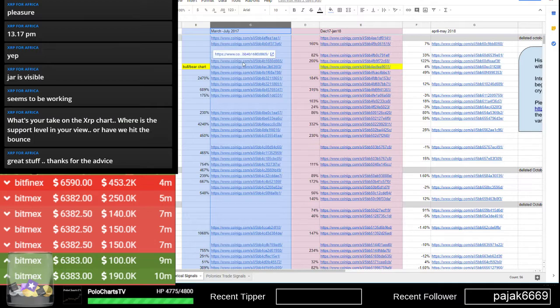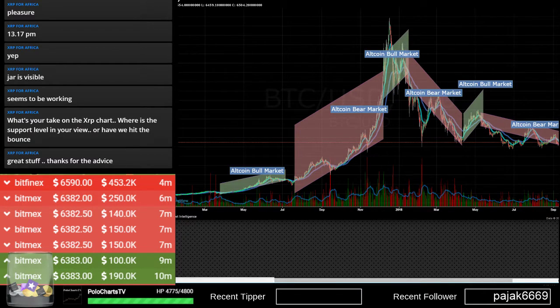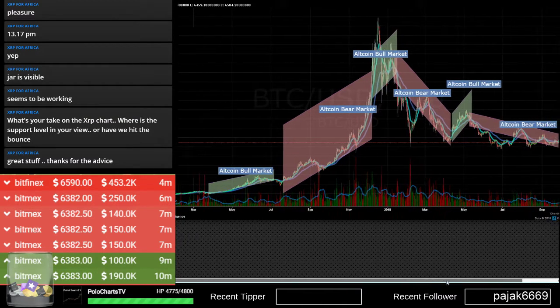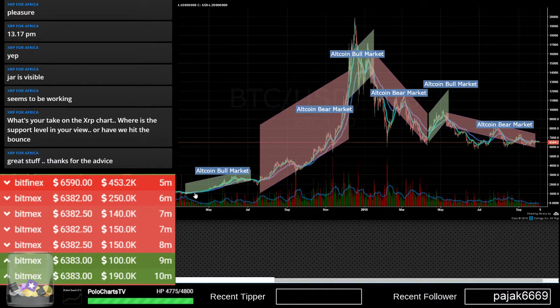So at any rate, I did this study. We can see here the time zone. We had the altcoin bull market in March to July of 2017, and they were matching Bitcoin. As Bitcoin was going up, so were the alts. Then we had an altcoin bear market.